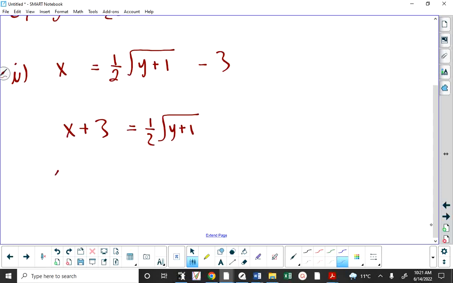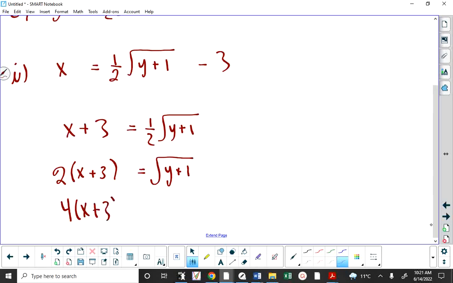I would multiply both sides by 2. I would take the square of both sides. And then I would subtract 1.